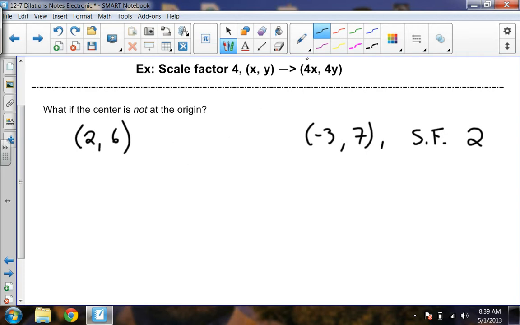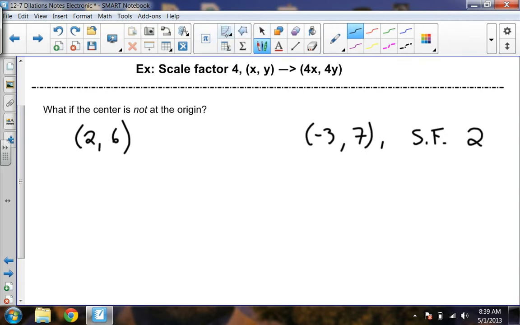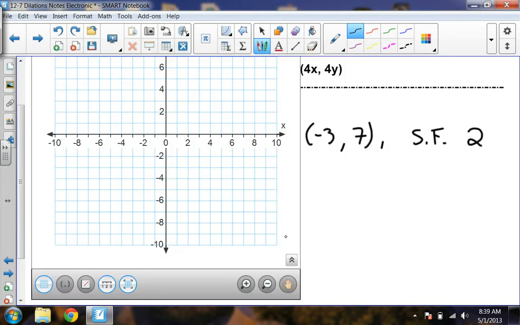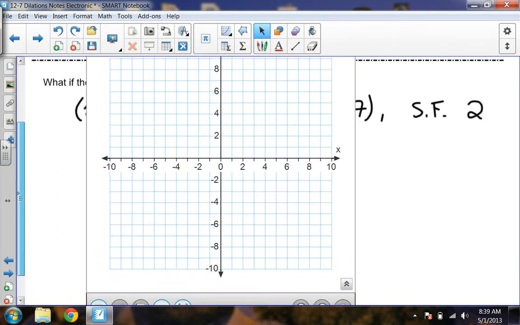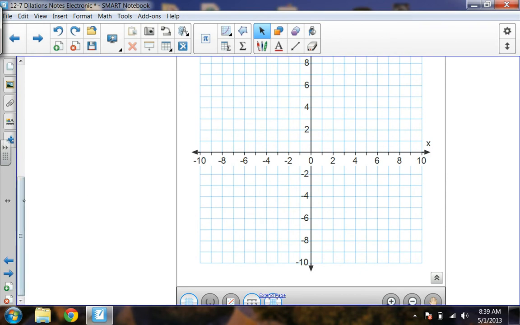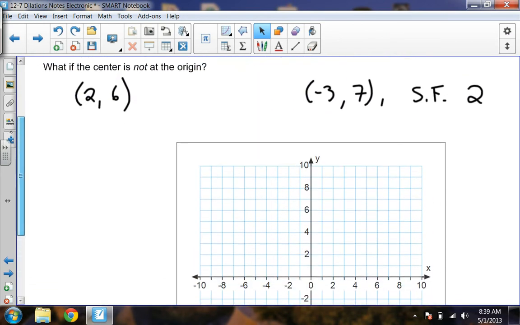Let me quickly make a graph here. If I have this graph, my center is at 2, 6.